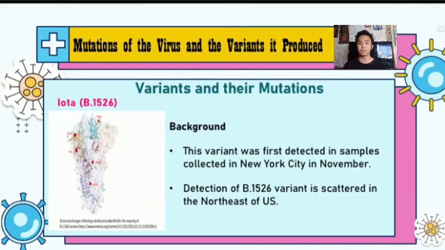The Iota variation of SARS-CoV-2, also known as lineage B.1.526, is one of the virus types that causes COVID-19. It was initially discovered in November 2020 in New York City. By February 2021, it had quickly expanded throughout the New York area, accounting for almost 1 out of every 4 viral sequences.